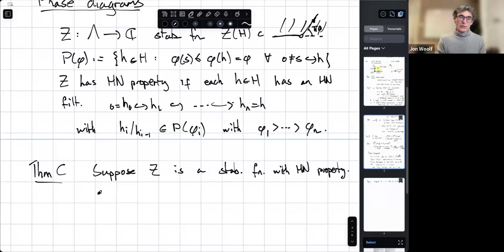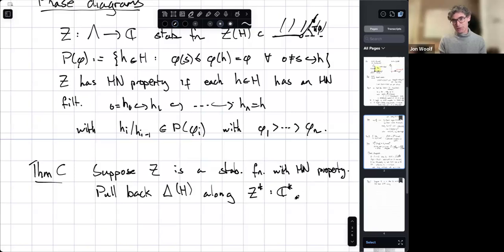Then what I can do is I can pull back this heart fan along the dual of Z. So the dual of Z is mapping the real vector space dual C star. So this is not C minus the origin, it's the real vector space dual of C. And that is being mapped to lambda R star.